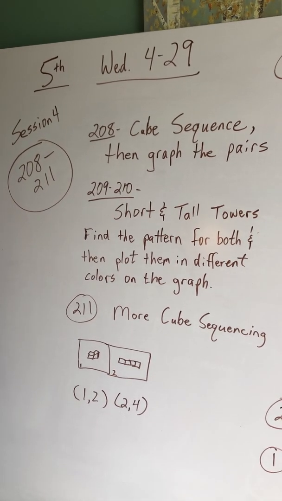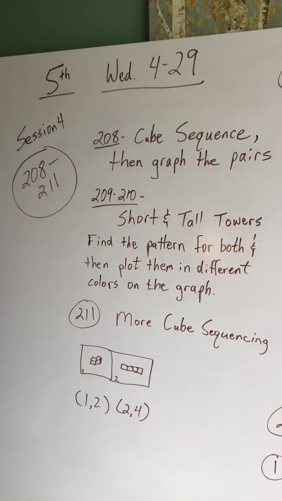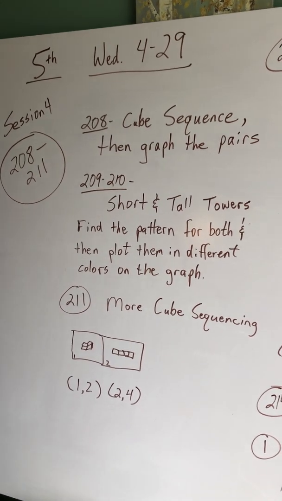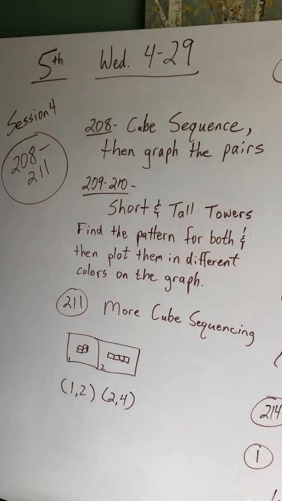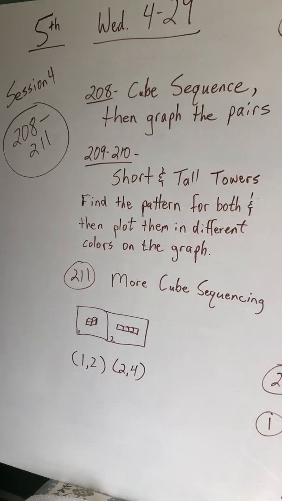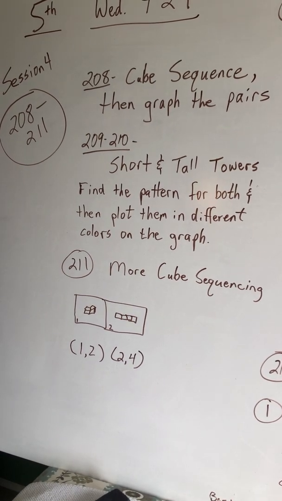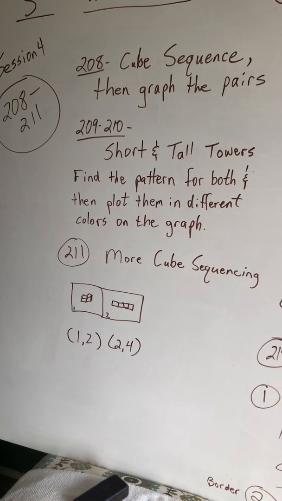So for 209 and 210, it's called short and tall towers. And these are those cubes, and they're building, it's almost like building blocks, okay? Think back to kindergarten. It helps to look for a pattern. So find the pattern for both the short and tall towers, and then you're going to plot them on the graph in 2 colors.